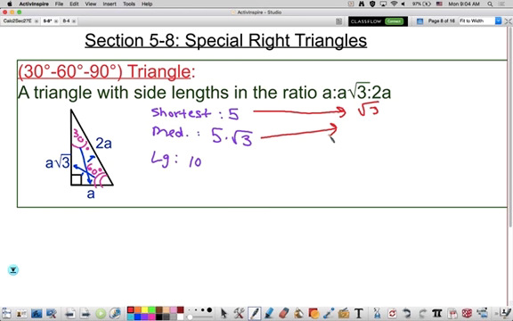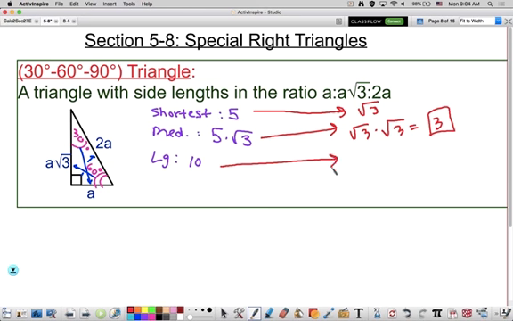A is square root of 3, so medium side is square root of 3 times square root of 3. Well, what's that equal to? What happens to the square roots? No, no, they cancel out.